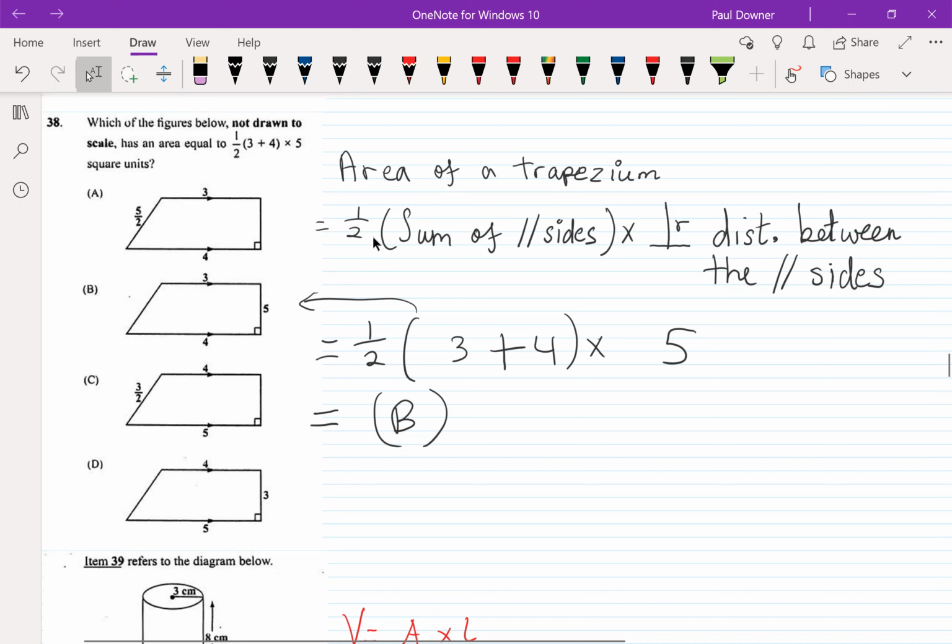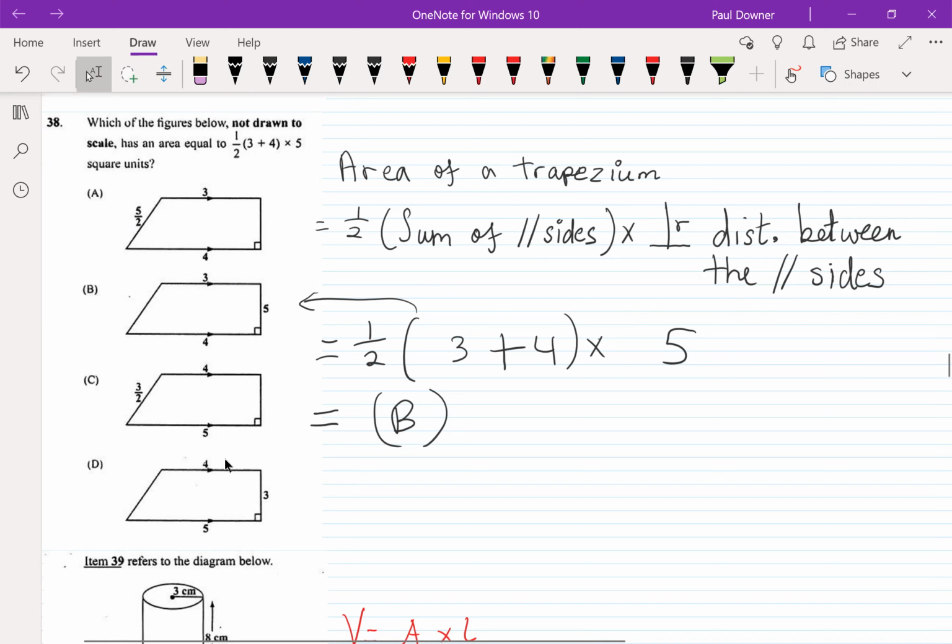It's a half multiplied by the sum of the lengths of the parallel sides times the perpendicular distance between the parallel sides, that's what this symbol means. I learn it with the words because in this way I could apply it to any trapezium, no matter what shape they bring it in. So these are trapeziums here.